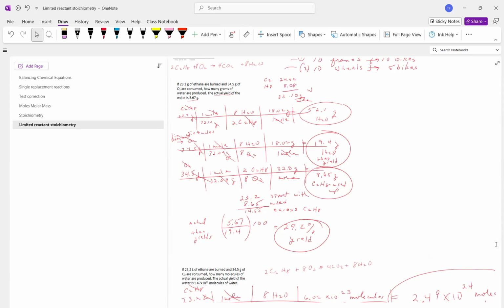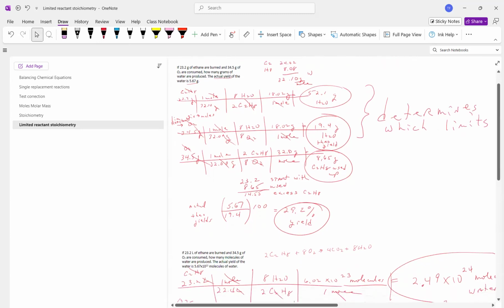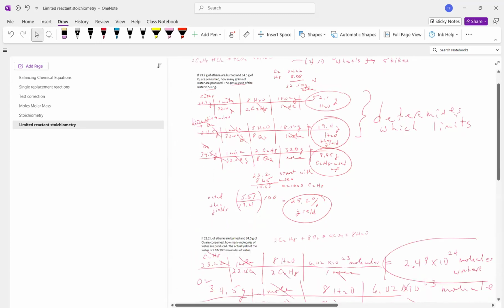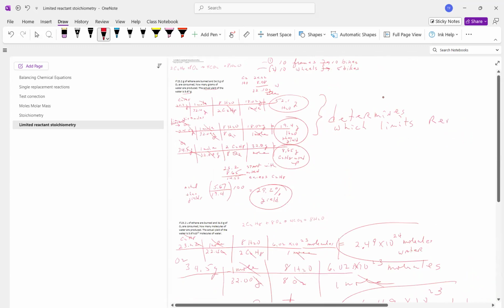Okay, so steps 1 and 2 determine which limits the reaction.